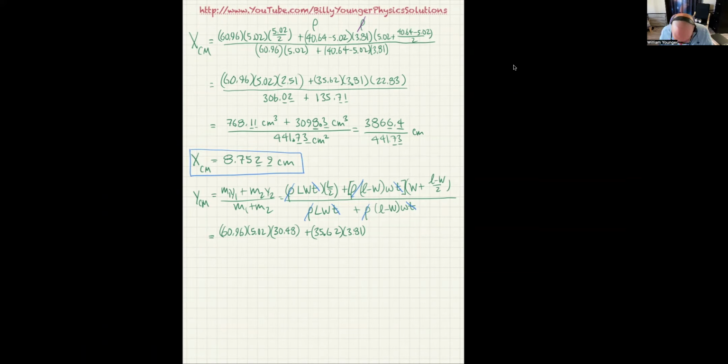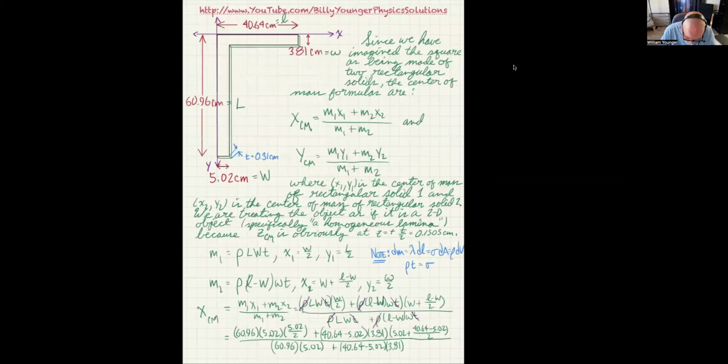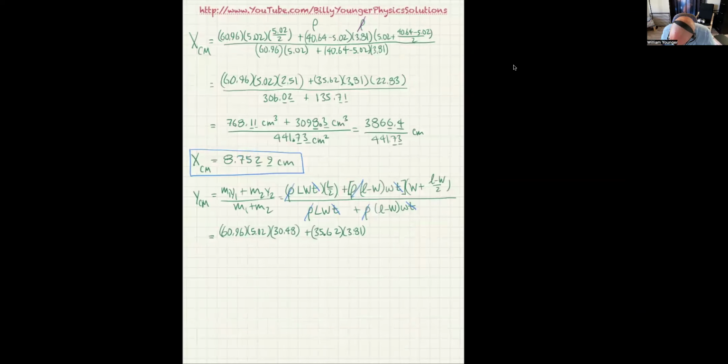So I'm going to take the L minus W over 2 first. This is 40.64 minus 5.02, and that gives me 35.62. I divide that by 2. That gives me 17.81, and I'll go ahead and take one extra step. This is going to be 5.02 centimeters plus 17.81 centimeters. So you can see again, I do have centimeters cubed in the numerator.